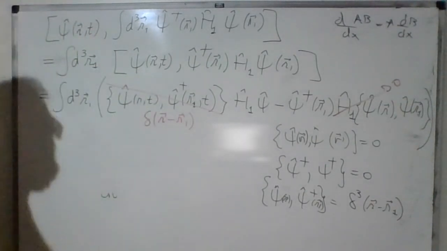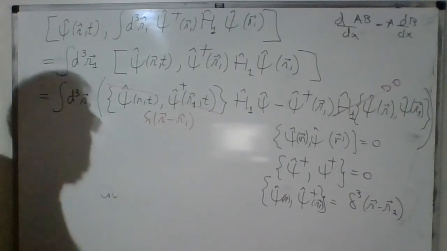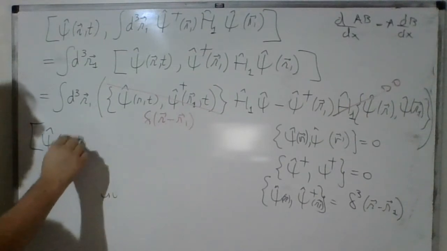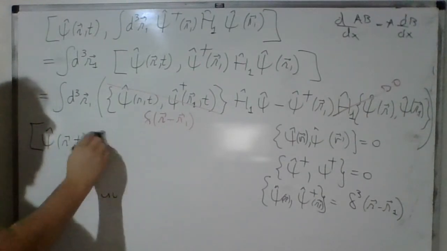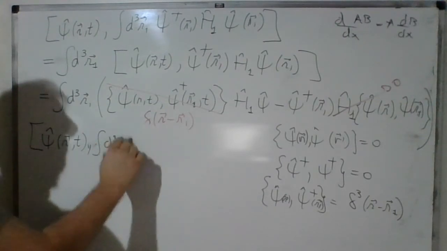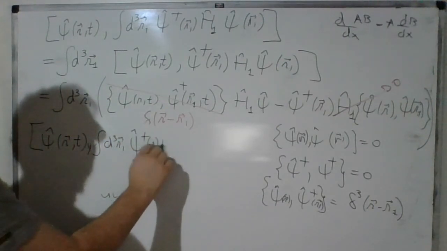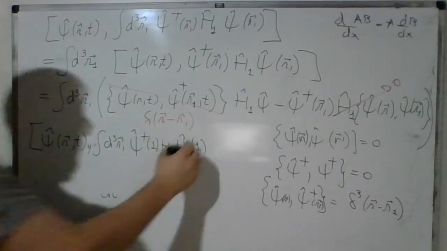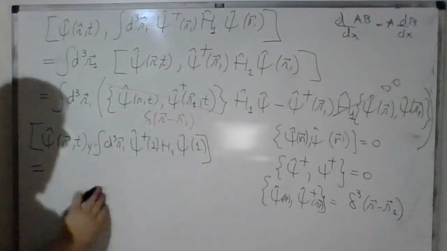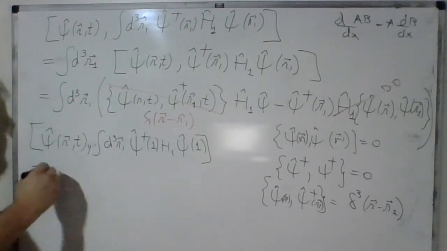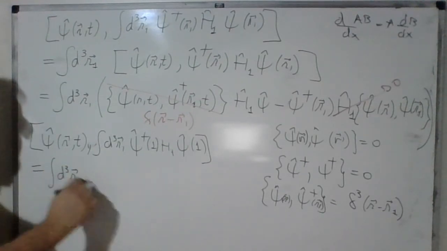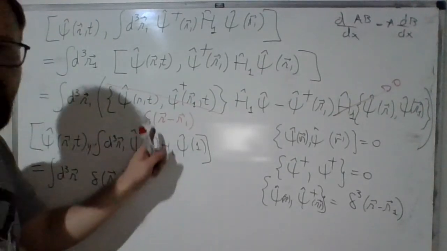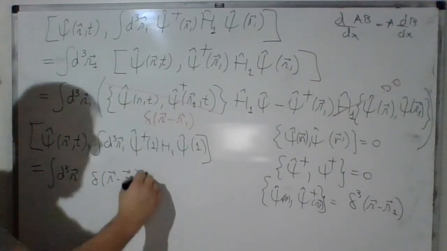And now we can use the rules for integration of functions with the delta function. This commutator of psi of R and t with the integral of d3r1 psi dagger of R1 H1 psi of R1 is just equal to the integral over d3r1 of delta of R minus R1, because of this anti-commutator here.